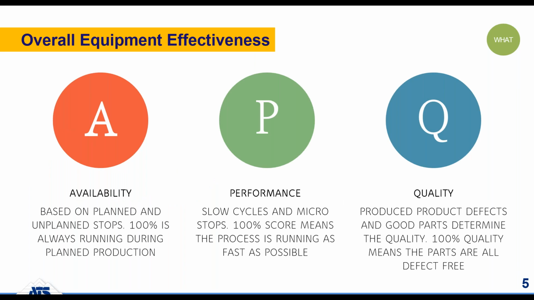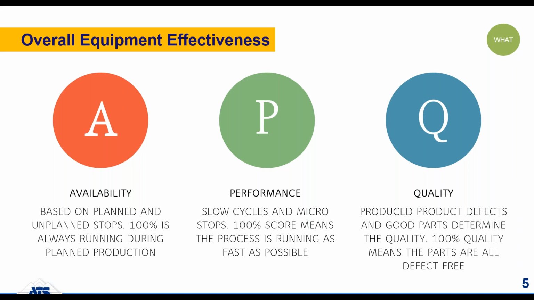Let's drill down. Now we're going to look into the lower level metrics that make up the OEE. Each of these has a percentage and can give really meaningful information about the production environment, right? We have availability, based on planned and unplanned stops. If it's 100%, it's always running during the planned production time.